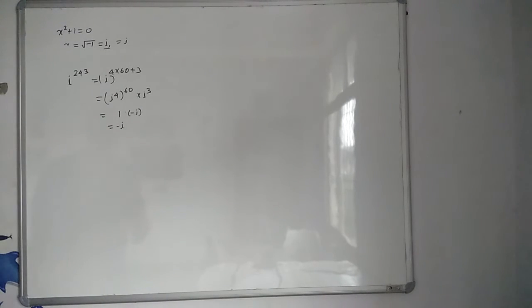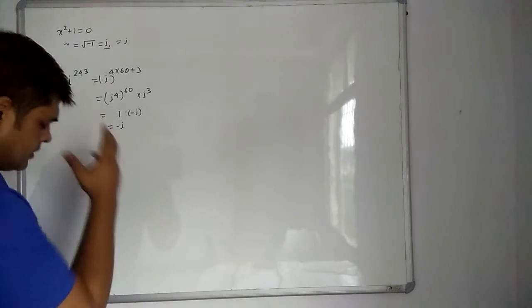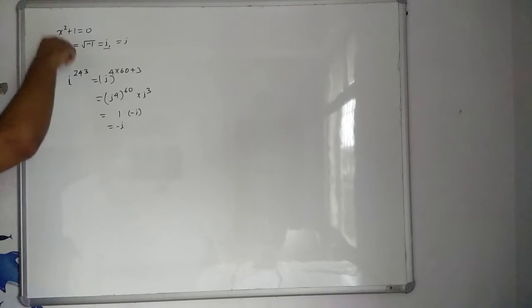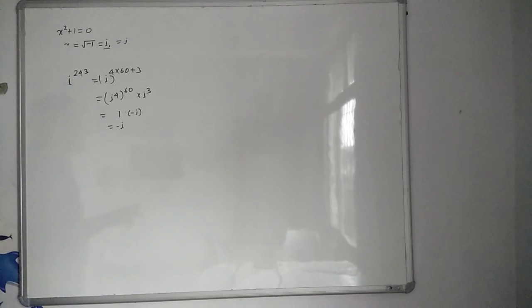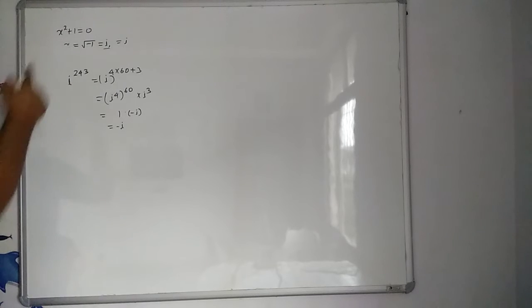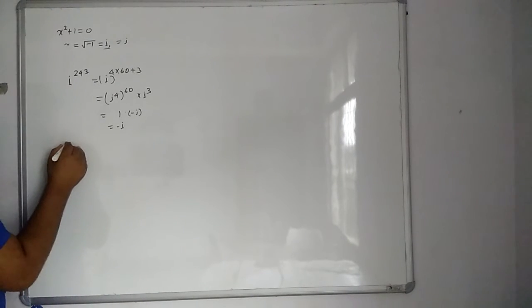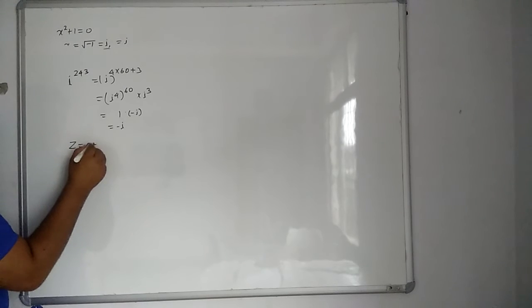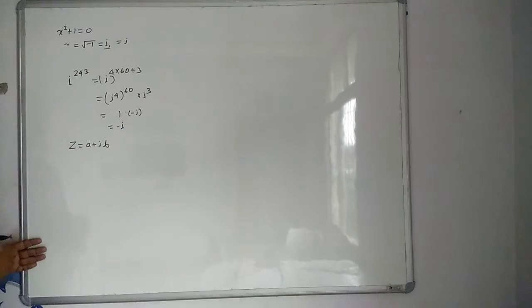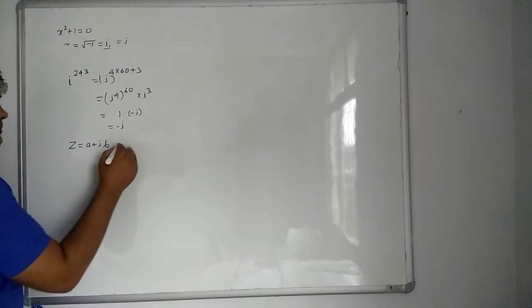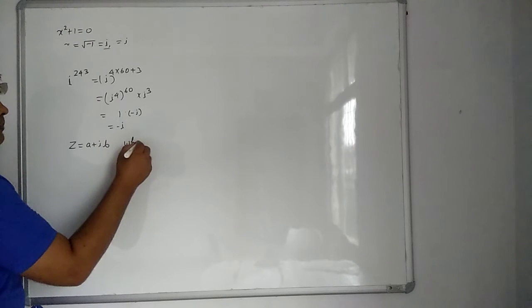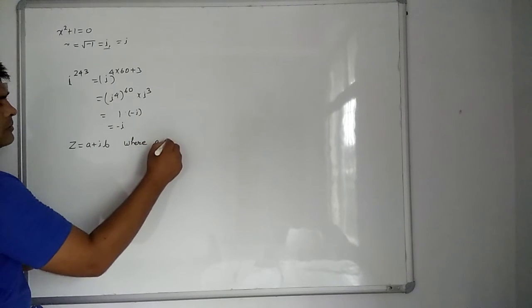Now we study what this gives: the quadratic equation where D is less than 0 gives rise to the need of a new branch of numbers that is called complex numbers. This is called an imaginary number. A complex number in the form of a plus iota b is called a complex number, where a and b are real numbers.